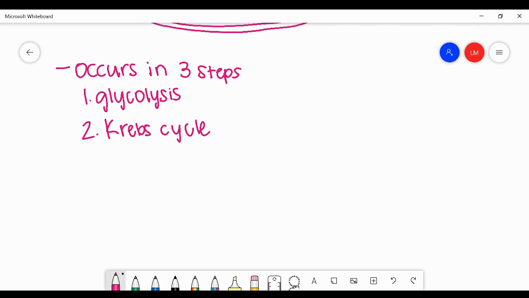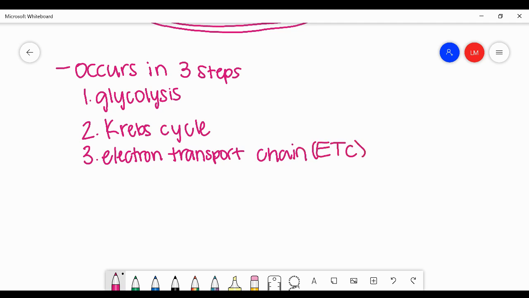This is also sometimes called the citric acid cycle. And the third one is called the electron transport chain, which from now on we will abbreviate ETC.